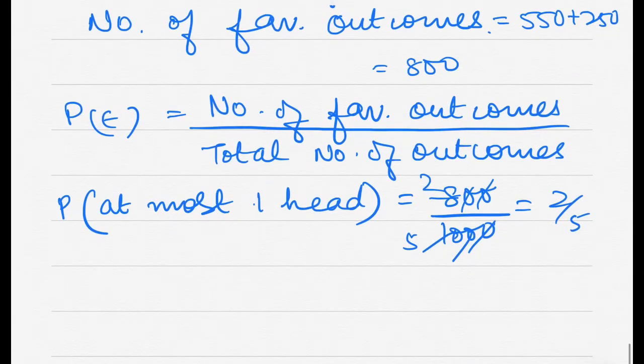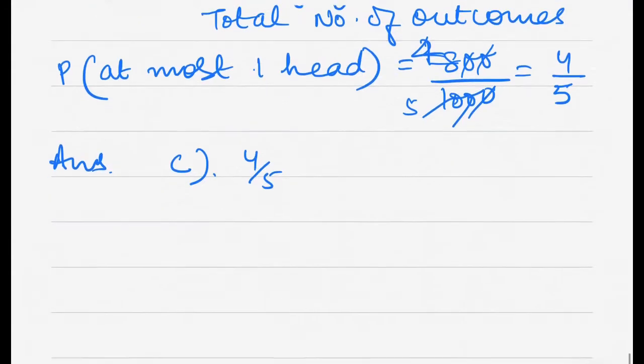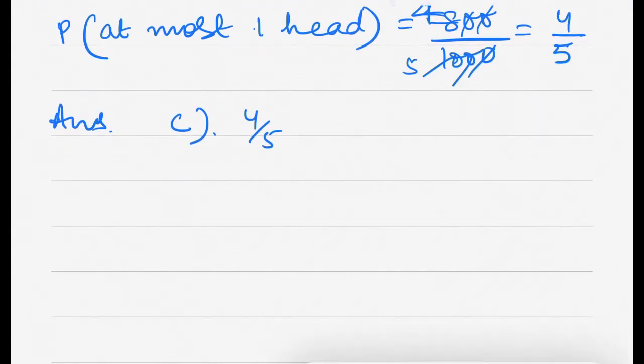So my answer is 2 by 5. Sorry guys, 2 fours are 8, let me correct it. So 2 fours are 8 and 2 fives are 10. So that is my option, but it is a multiple choice, so you have to write down the answer as option as well as your answer.